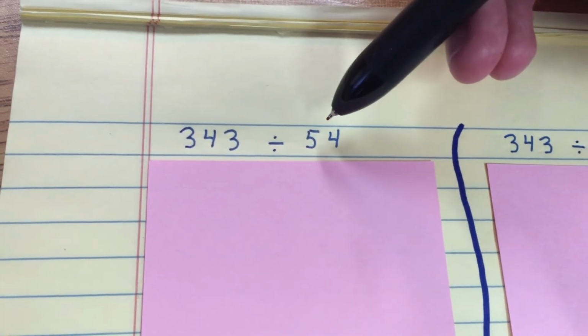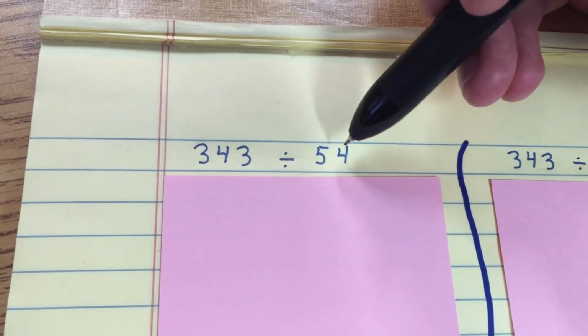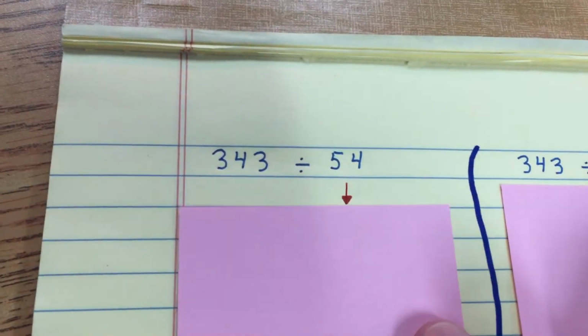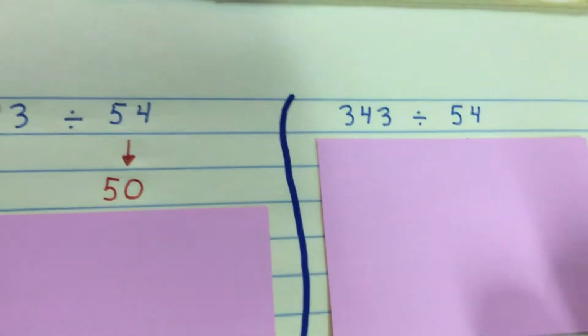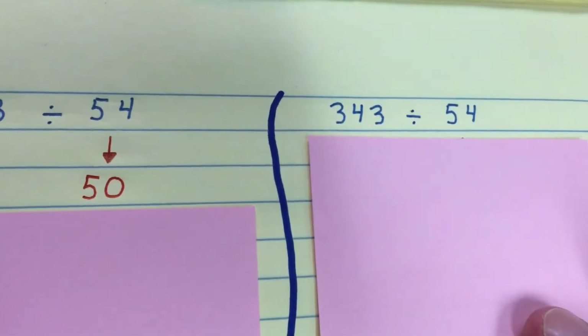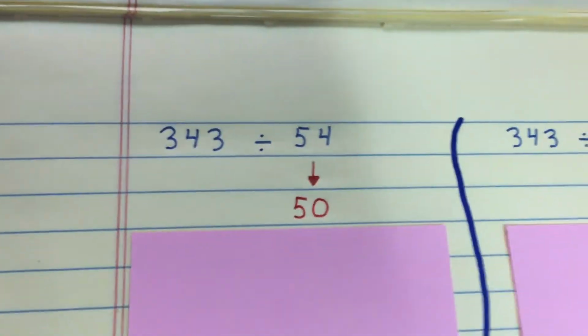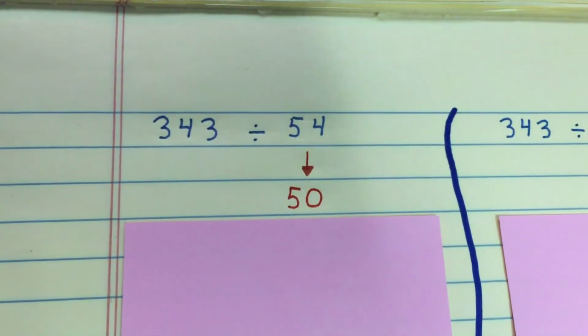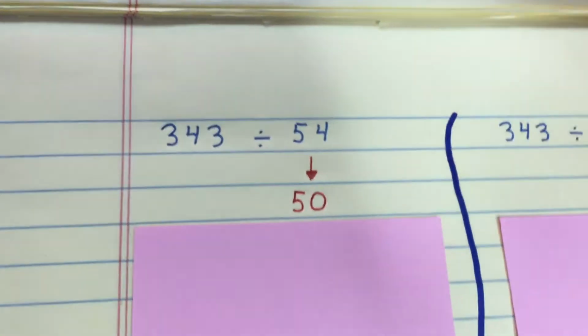The nearest 10 to 54 is 50 because 4 or less, so it stays the same. So you're going to end up with 50. Now over here, you're going to end up with the same thing, 50. So that's step number one, to round that divisor to the nearest 10.